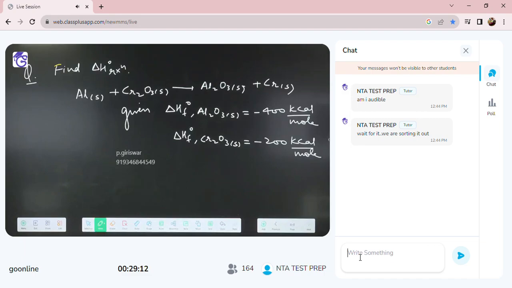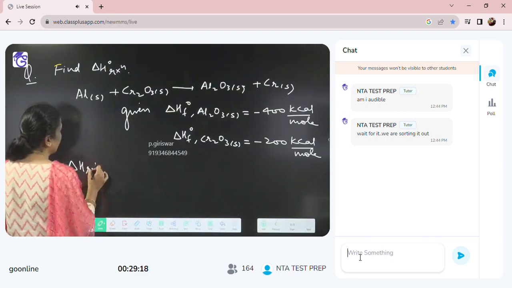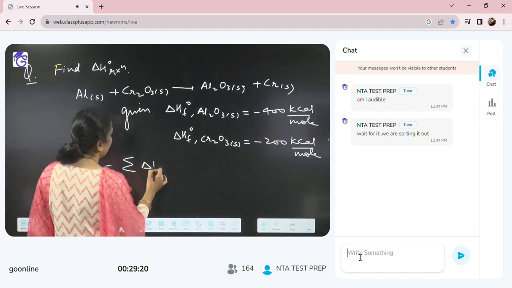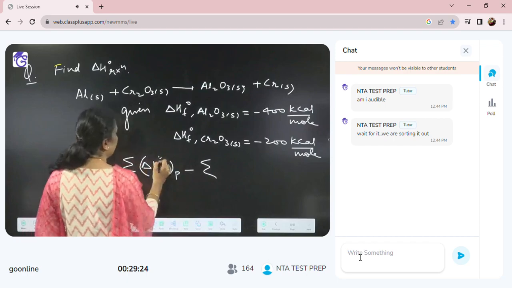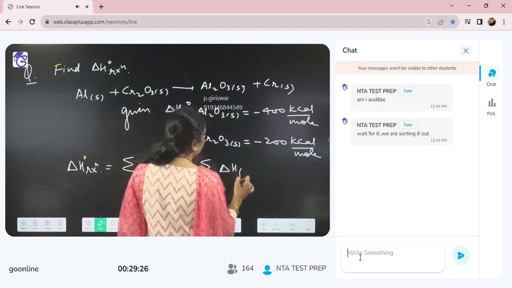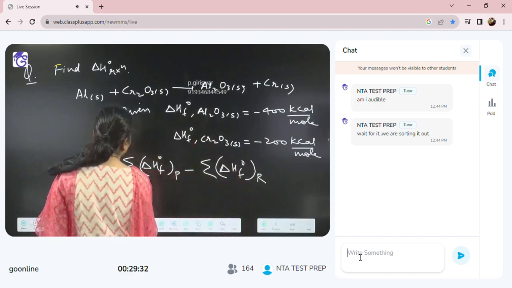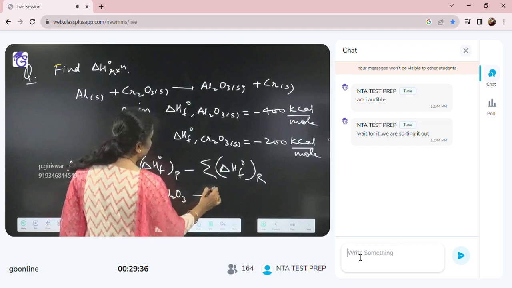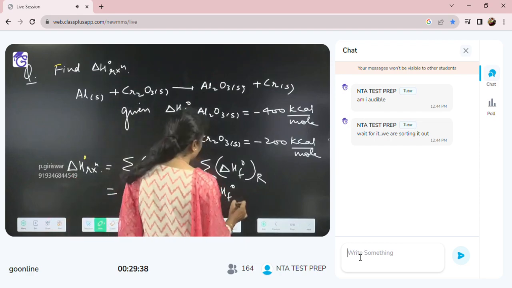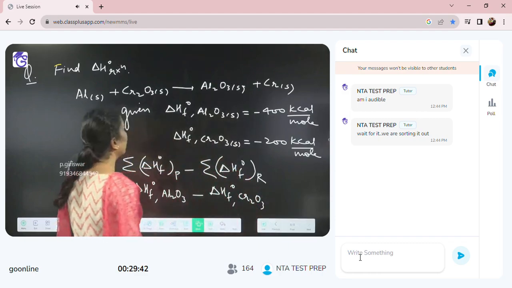Yes, I think Raymond has given the correct answer, Hanudeep also, Reshma also. So simply you have to write down delta H of this reaction. That will be the summation of enthalpy of formation of products minus delta HF naught of the reactants. In this case, simply I will be writing delta HF naught of Al2O3 minus delta HF naught of Cr2O3, because for aluminium solid and chromium solid, it will be 0.